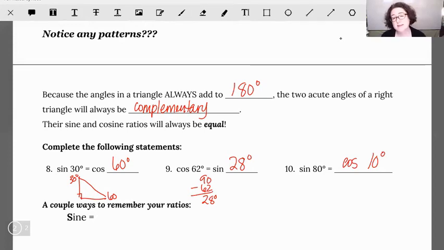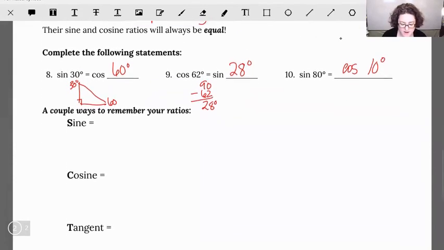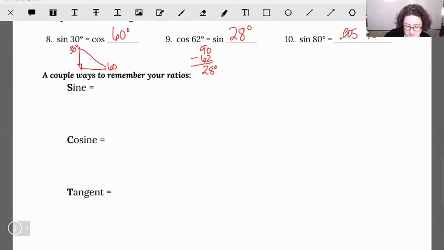Okay, so the last piece is, how are you going to remember these 3 ratios? It's really only 3 things to memorize, but we do have a couple mnemonics. The reminder for sine is always going to be, technically I should fix this, and I'll put this in the printed version: sine of our angle is always going to be opposite over hypotenuse.